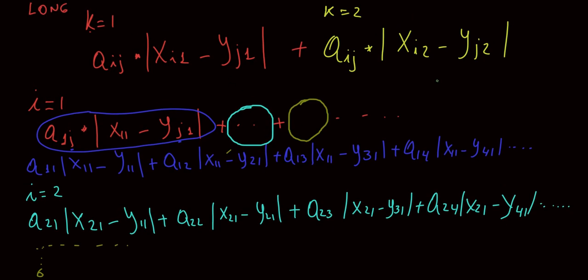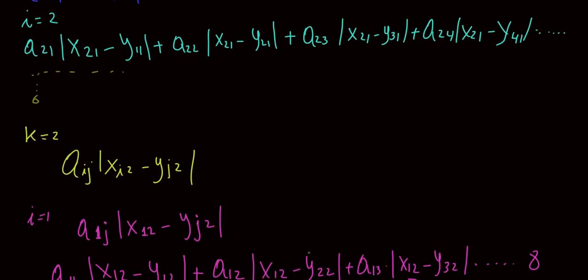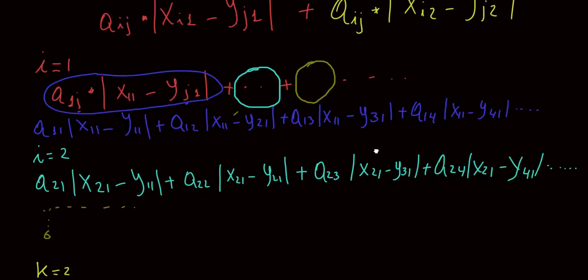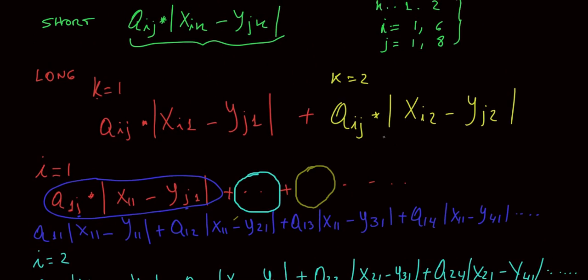While this yellow term also represents 6 times 8 terms. Where are these terms? They are here. You just need to continue doing this. So essentially this initial notation is a way to compact this expression. You can compact even further. Here, in just one expression, you have 2 times 6 times 8 terms in just one small term.